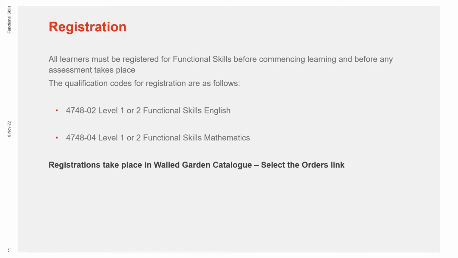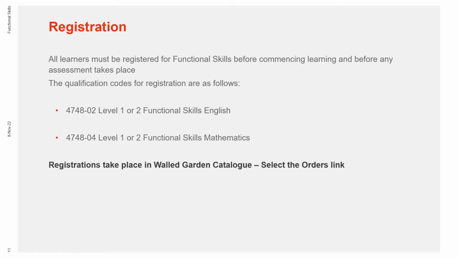All learners must be registered for their functional skills qualifications before they start learning and before any assessment takes place. The qualification codes for registration are as follows: 4748-02 for Level 1 or Level 2 Functional Skills English, or 4748-04 for Level 1 or Level 2 Functional Skills Mathematics.